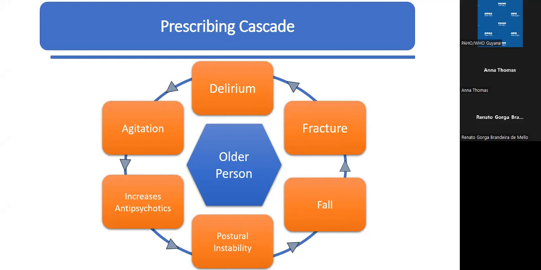As the patient presented with worsening nausea, the metoclopramide dose was incremented, and the patient presented with worsening delirium, delirium with agitation, and agitation led to an increase in the antipsychotic dose.